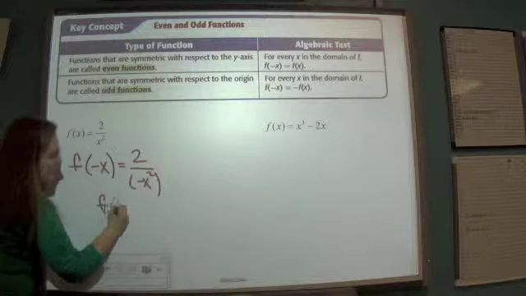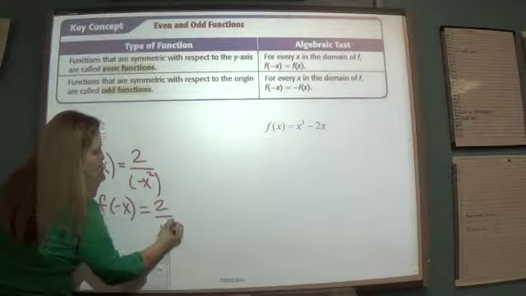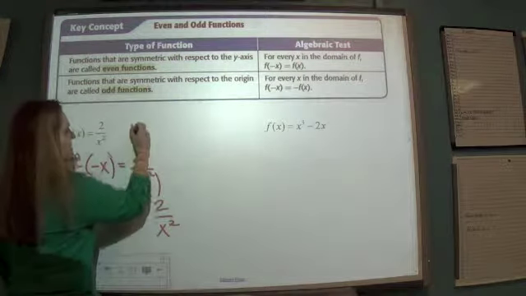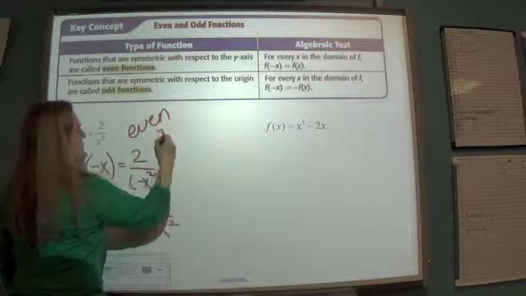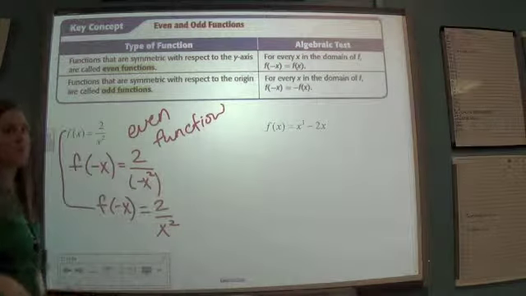So f of negative x equals 2 over x squared. They're equivalent, so hence this is an even function. It's the same as proving the symmetry to the y-axis.